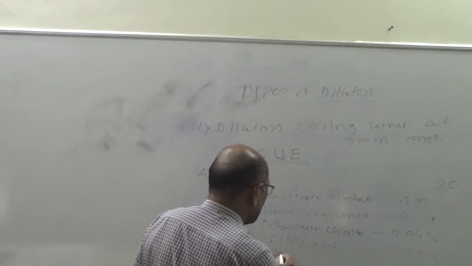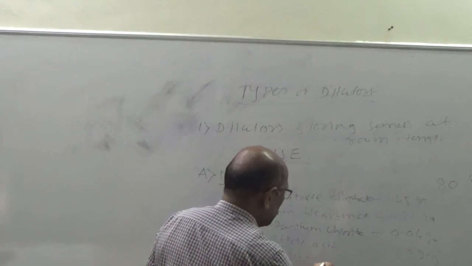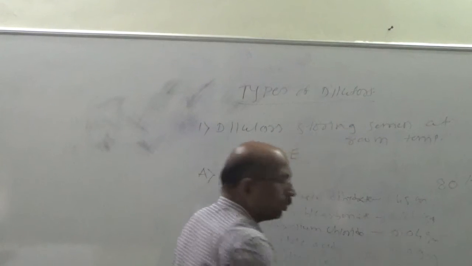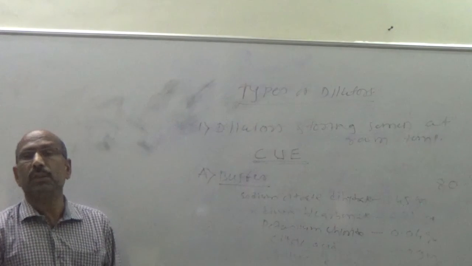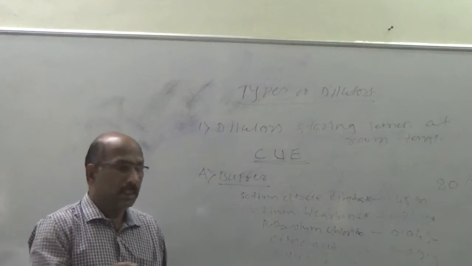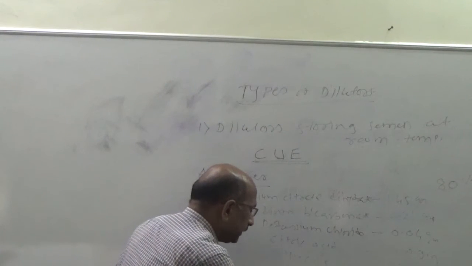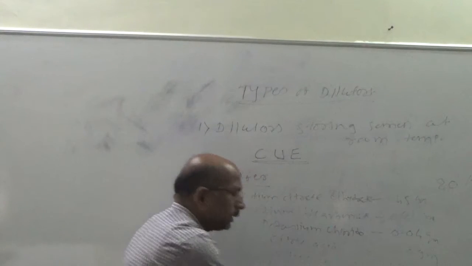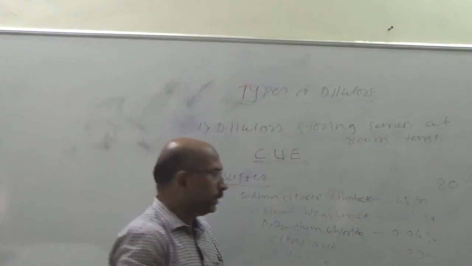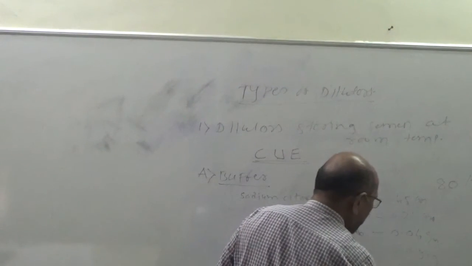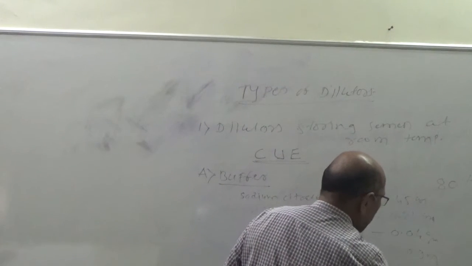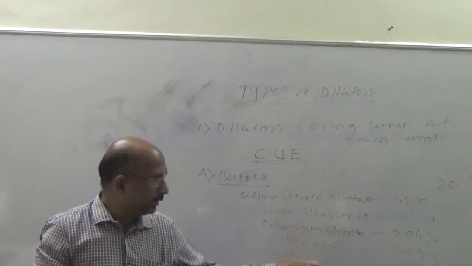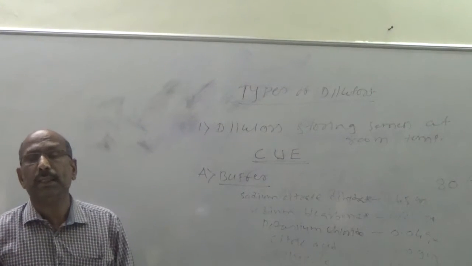Glucose, 0.30 grams. Glucose is used to provide nutrients. And glycine, 0.94 grams. So this buffer can be made by mixing the following ingredients.